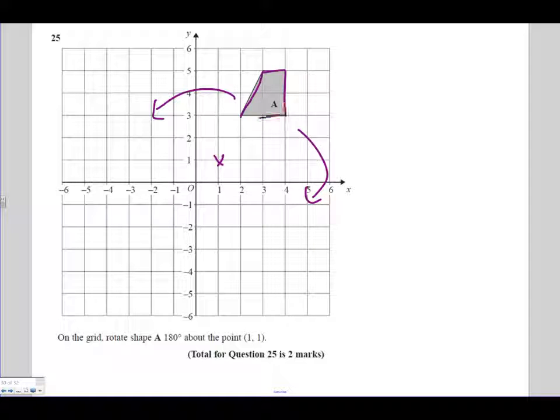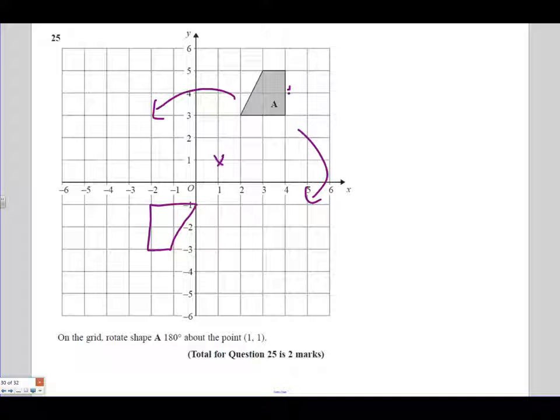To do rotation questions in the exam, we advise you to use tracing paper, and on the tracing paper, draw the shape. Then, with your pen stuck in the center of the rotation, rotate the shape about the center of rotation 180 degrees. And your shape will end up in this position.